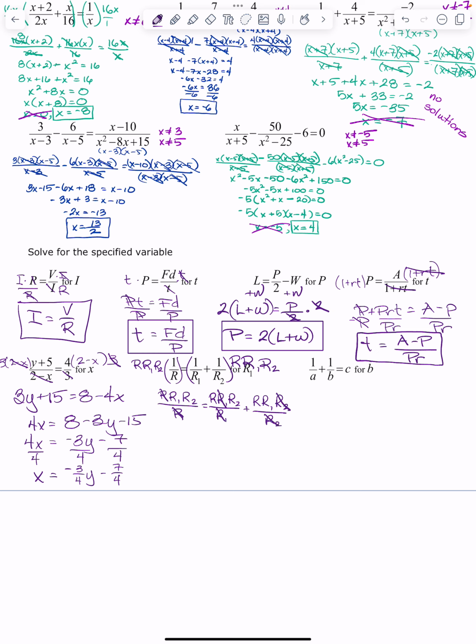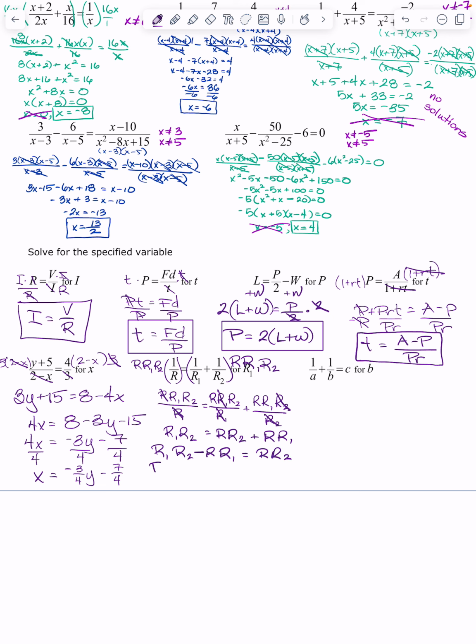I'm going to rewrite. This one's got an r sub 1, r sub 2. I got an r and an r sub 2. And I got an r and an r sub 1. Now, since I want to solve for r sub 1, I need all the r sub 1s on the same side. So I'm going to subtract the r times r sub 1.